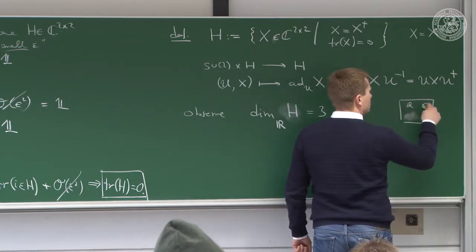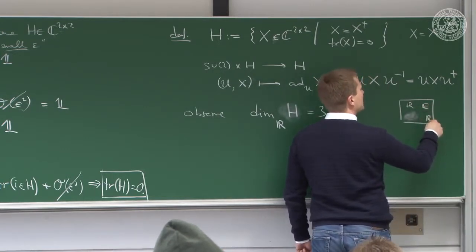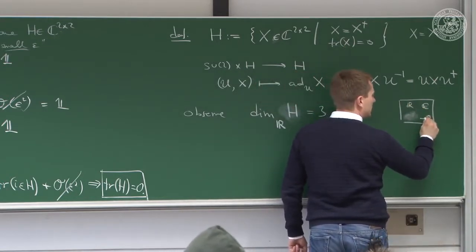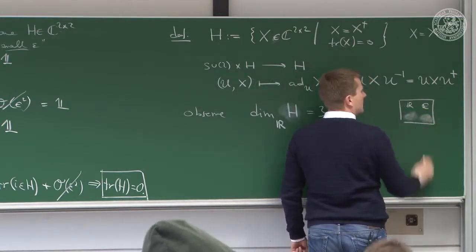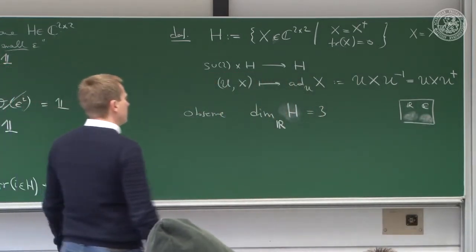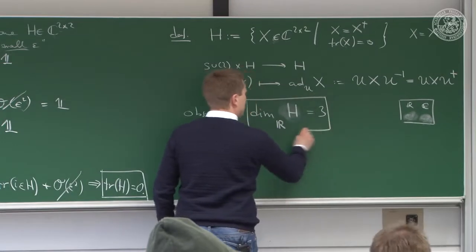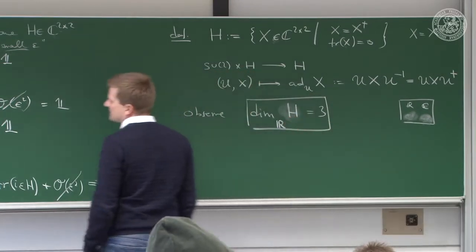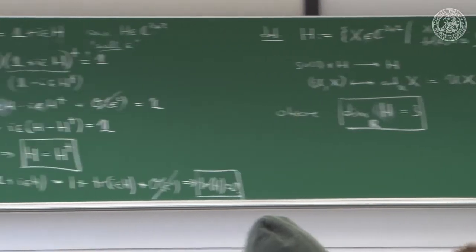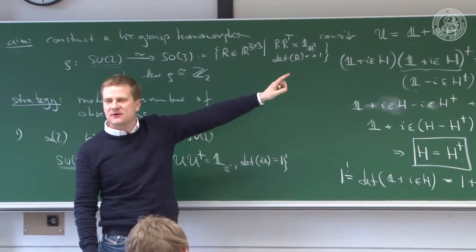So you have 4 real numbers, but then there's also the trace-free condition, so this number down here must be minus the number up here, so you have R3. So this representation space of SU2 has the same real dimension as the representation space of SO3. That is why this is now interesting.